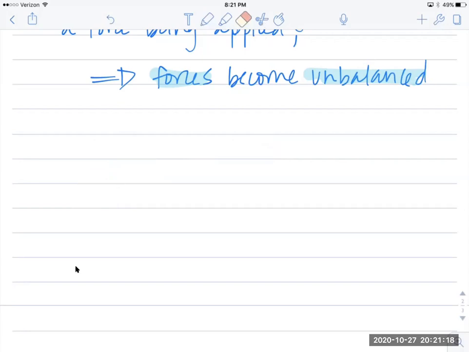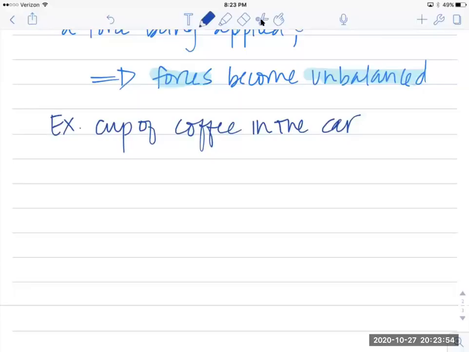You can think of a couple different examples here. Let's write down this one. You can think of when you are driving, let's just say you have a cup of coffee.